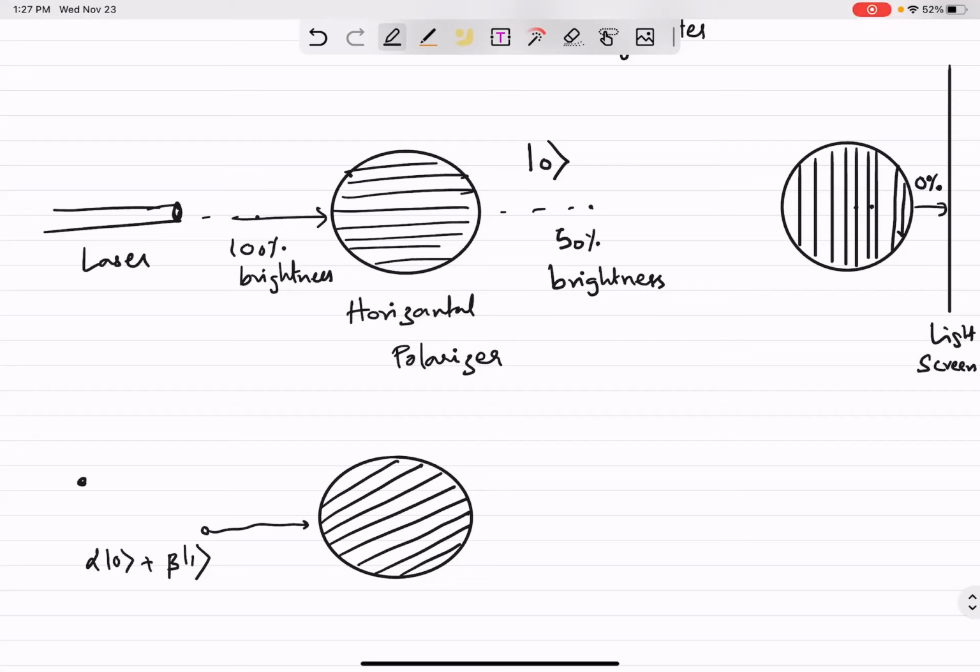That's what nature does. When you rotate it, it only lets light at this particular angle through.